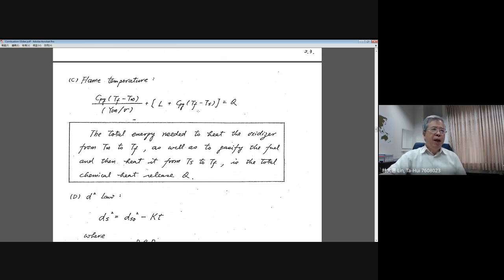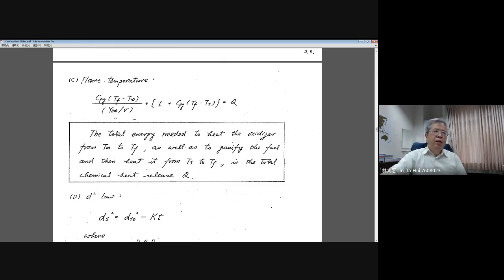The other part of the heat will diffuse to the oxidizer side. On the oxidizer side, how much oxygen can be diffused into the diffusion flame can basically be defined by YO infinity divided by sigma, right? This value corresponds to 1 kilogram of fuel burned.